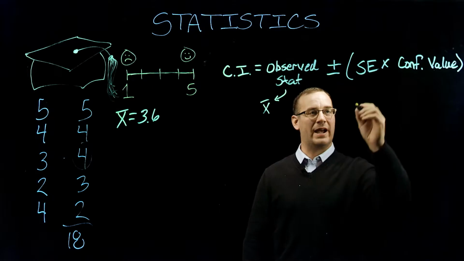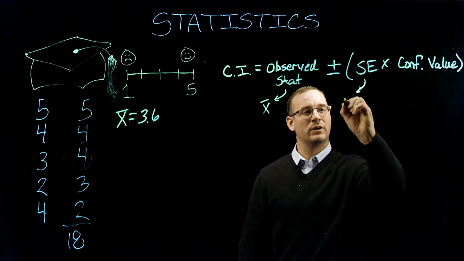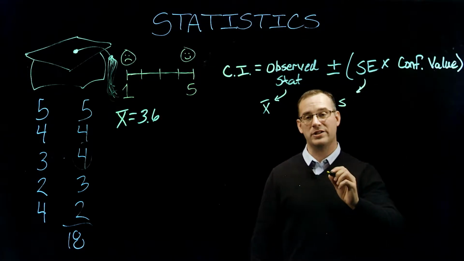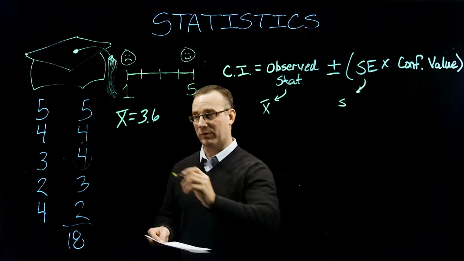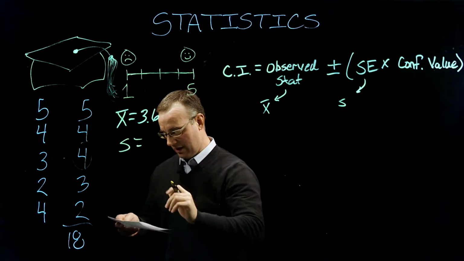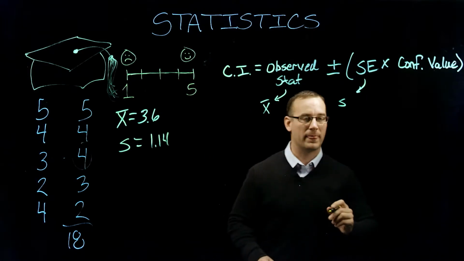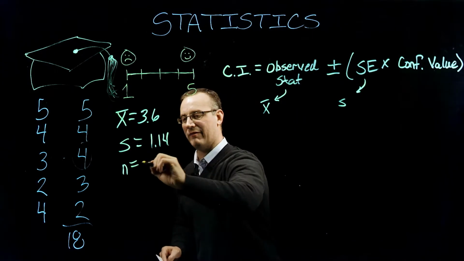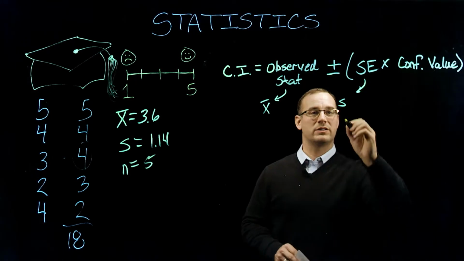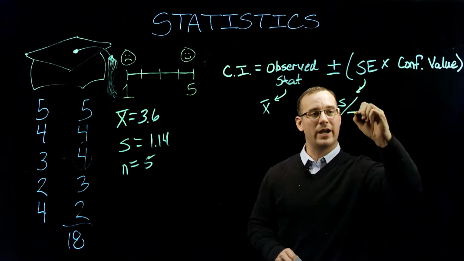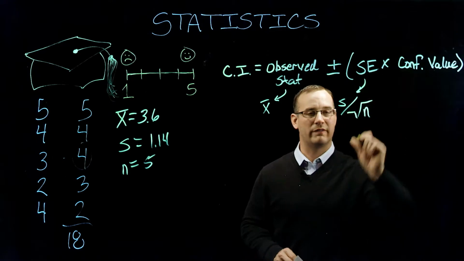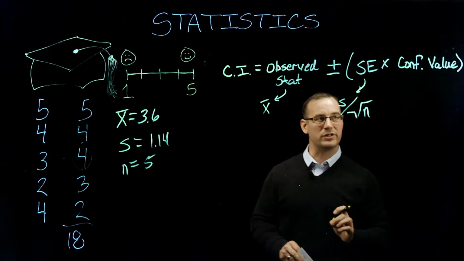For our standard error, how do we calculate that? That's going to be our standard deviation, which, if you remember from the previous video, we came up with as 1.14, and we know that we have an n of 5. So it is our standard deviation divided by the square root of n. We'll calculate that in just a moment.